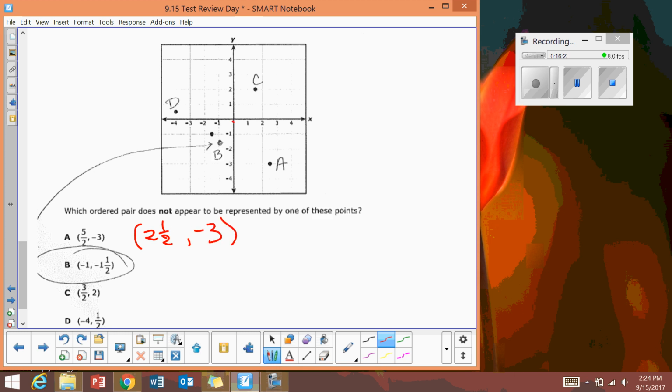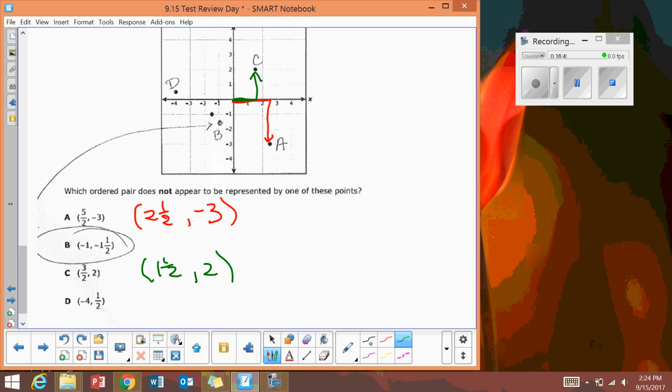So we're going to go 2.5 and then down 3 because we have to do the x first, the y second. The next one, let's do C first. So 3/2 is the same as 1.5, 2. So we go 1.5, 2. So we have to do the x first and then we do the y.